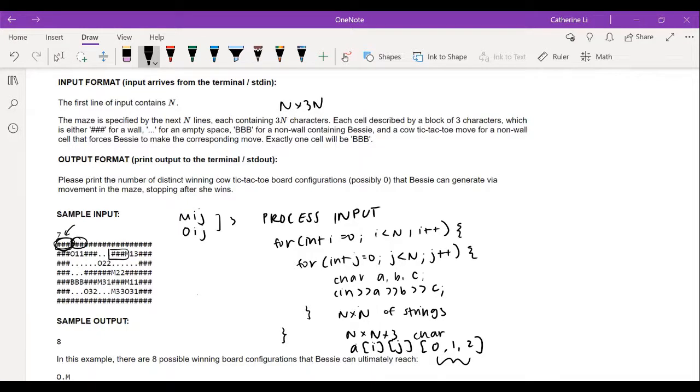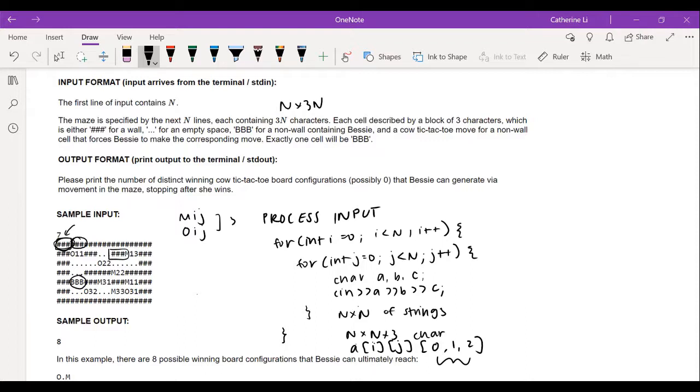Hopefully that makes sense. But this is just to deal with the fact that it's not just straight n by n, since there's 3 of each unit. Okay, so this is not too hard. Also, as we're going through it, we want to find where Bessie starts from the B.